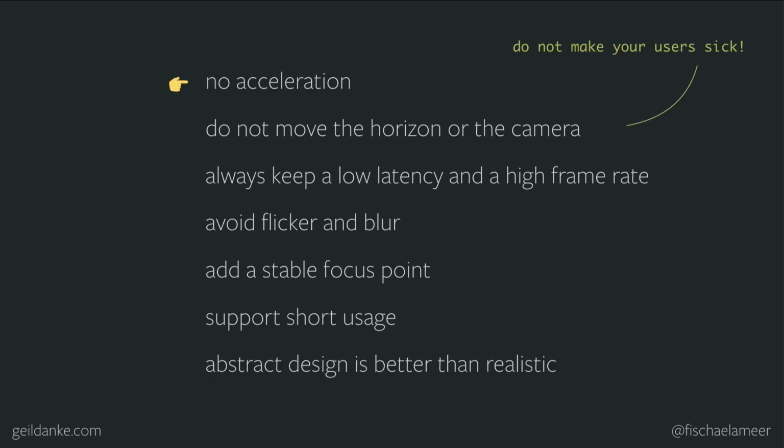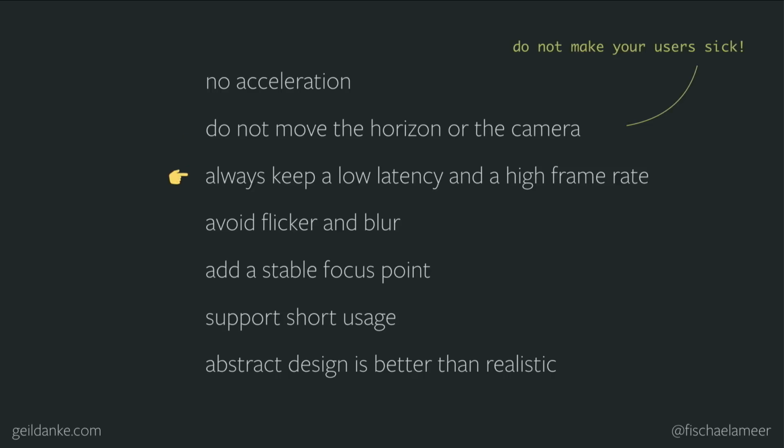First of all, don't use acceleration. And then do not move the horizon, or do not force movement to the user, which means do not move the camera. If you want to have animated scenes, you should allow additional head movement. For example, you can put the camera on a dolly and then animate the dolly.